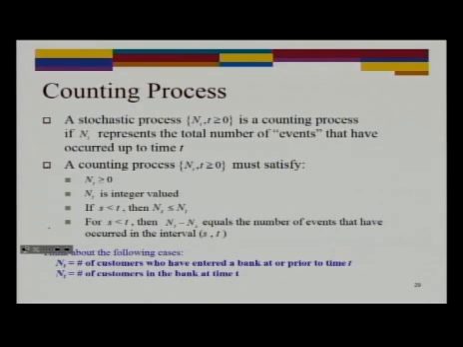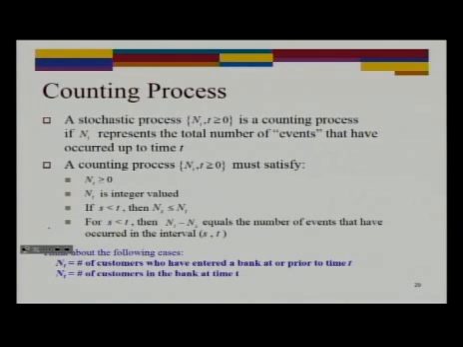Let's take an example for these conditions. If N sub t is the number of customers who have entered, let's say, a bank at or prior to a certain time t, then N sub t is a counting process in which an event corresponds to a customer entering the bank. Does that make sense?